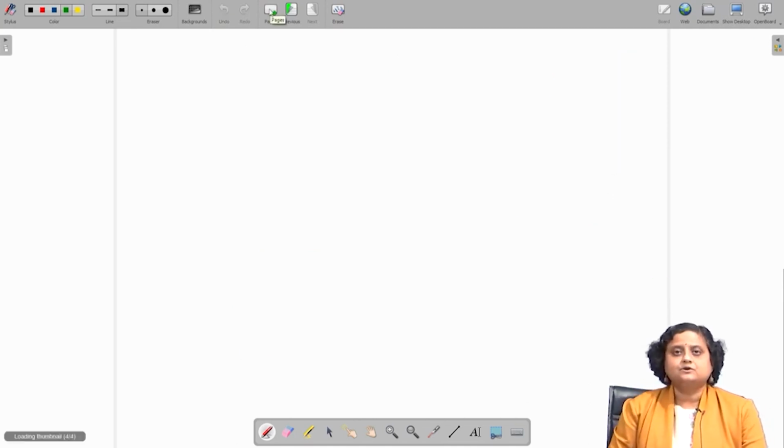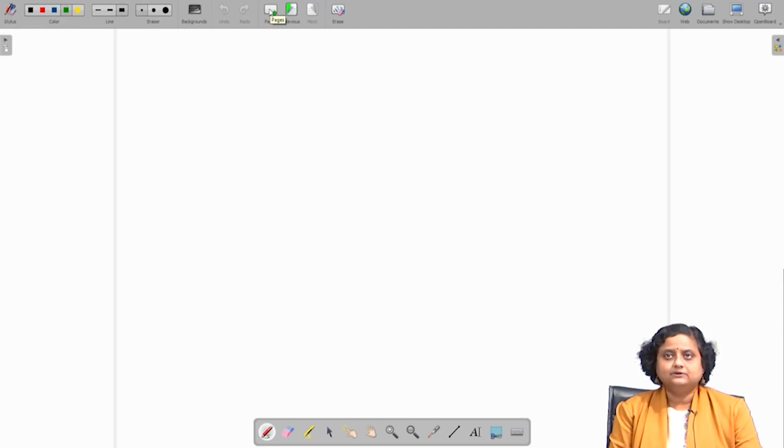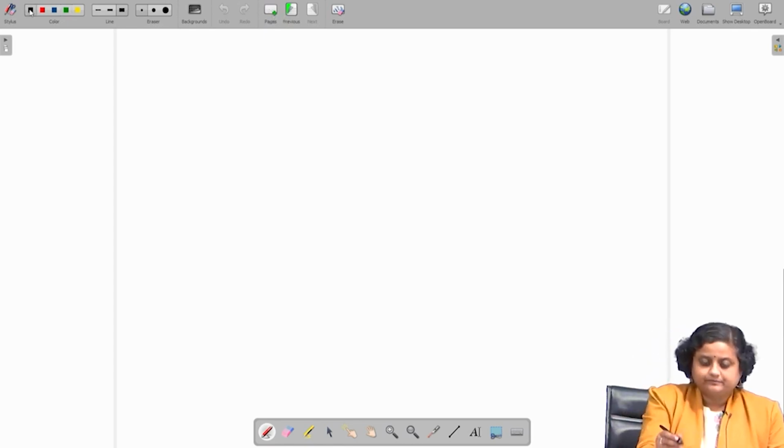Let us next find out whether this Prandtl stress function satisfies the boundary condition on the top and bottom surfaces.